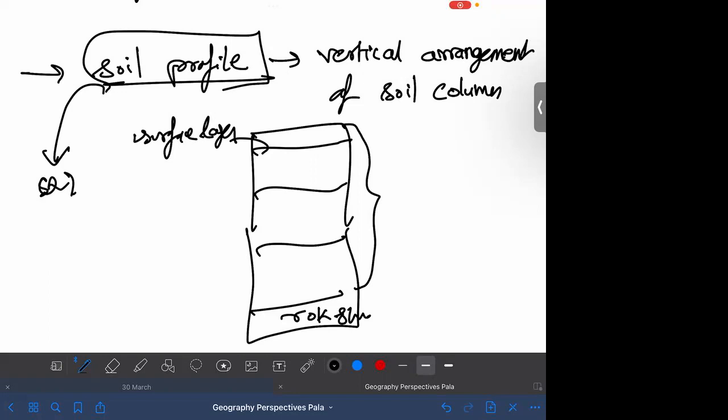Let's look at a few properties of soil. Soil color. Black color is attributed to the presence of humus.